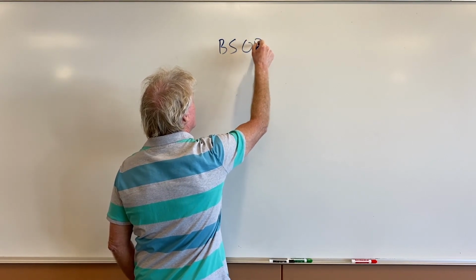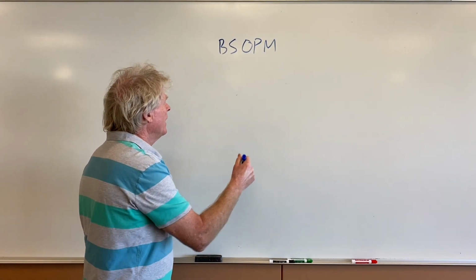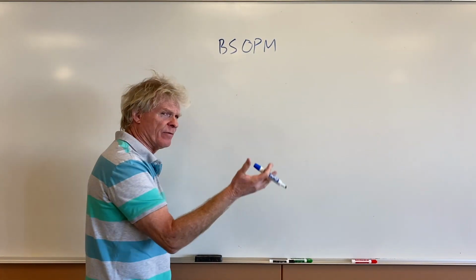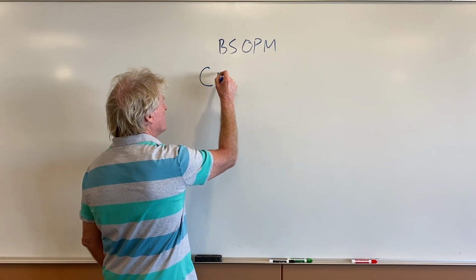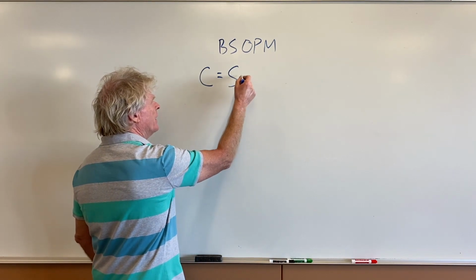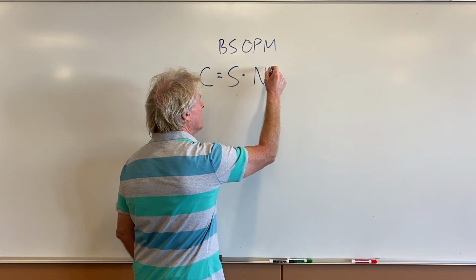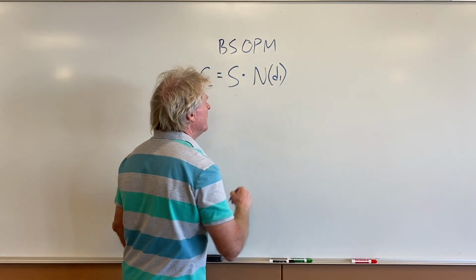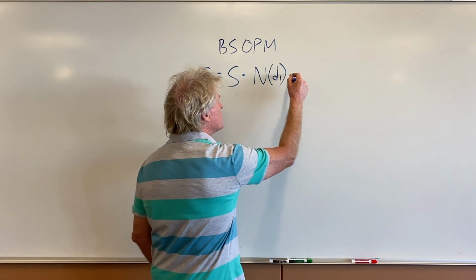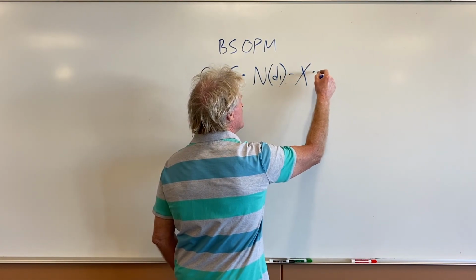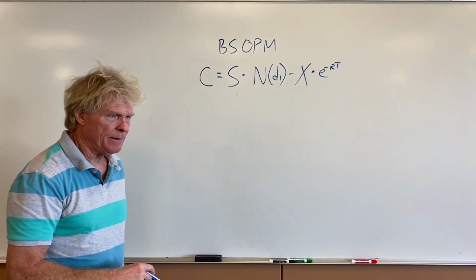So here we have the Black-Scholes option pricing model, and we'll show it for both calls and puts. It involves a few equations. The first one is C, for call, the market price of the call, equals the stock price multiplied by a probability that is indicated in this manner, N(d1), I'll break down the details in a moment, minus the strike price of the option times a continuous discount factor, e to the minus RT.